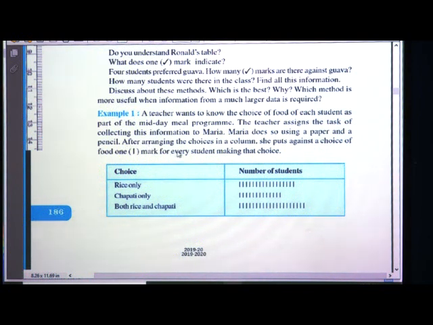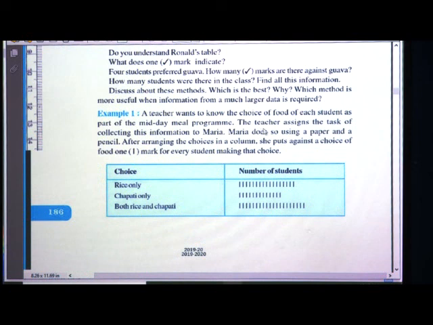After arranging the choices in a column, she puts against each choice of food 1 mark for every student making that choice. See, here the teacher wants to know the choice of food of each student as a part of the midday meal program. It is a program where the school provides the midday meal to the students. So, here the teacher assigned the task of collecting the information.